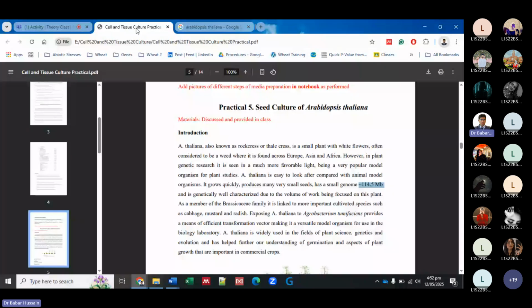And finally, the fifth reason for this plant to be used as a model plant is that transformation protocols have been optimized for this plant.